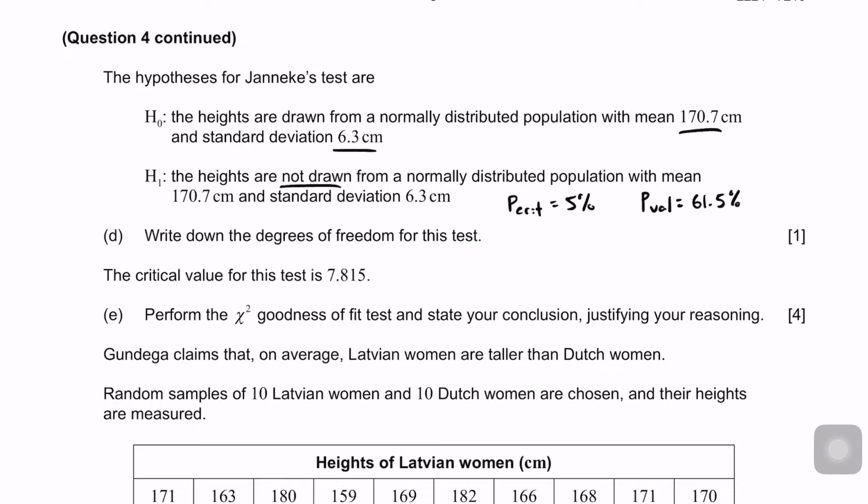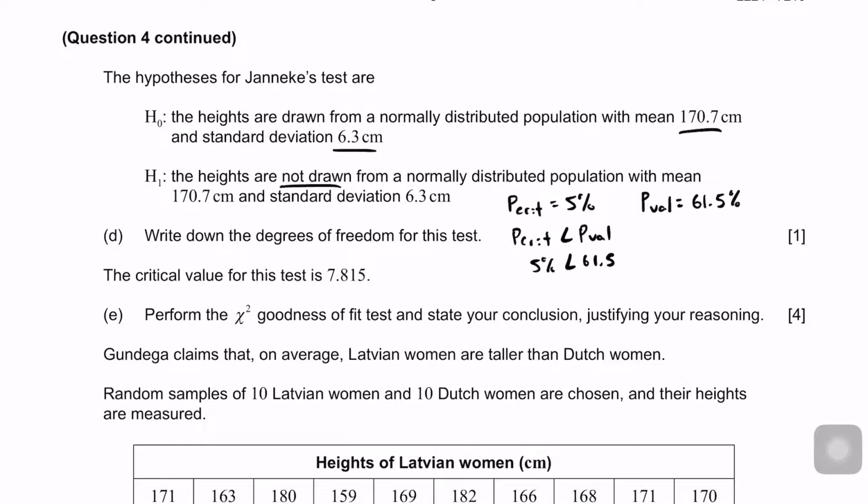Well, we obviously know that, I'm just thinking how we should write this. Let's write it like this. P-crit is less than our p-value, or 5% is less than 61.5%. In this case, we often say if p is low, the null has got to go, or H0 has got to go.